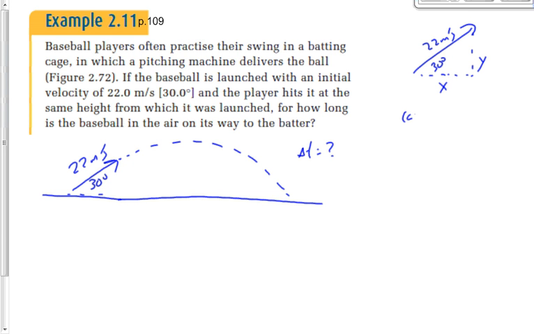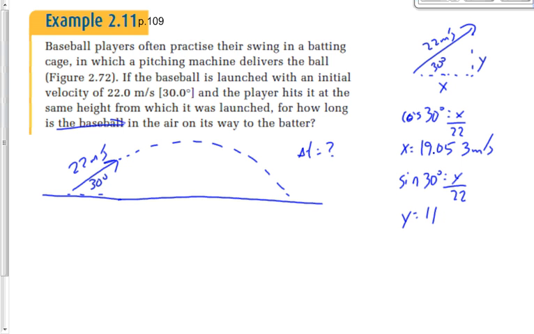Let's say cosine 30 degrees is equal to x over 22. Let's say sine 30 degrees is equal to opposite over hypotenuse. Now we got rid of the funny angle. We could, if we wanted to, replace that with just two vectors like that.